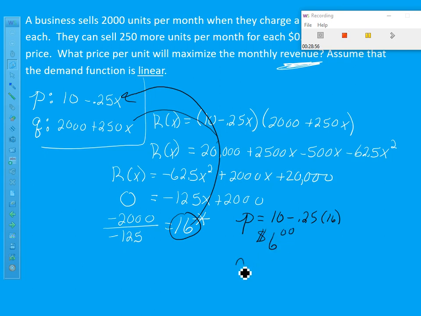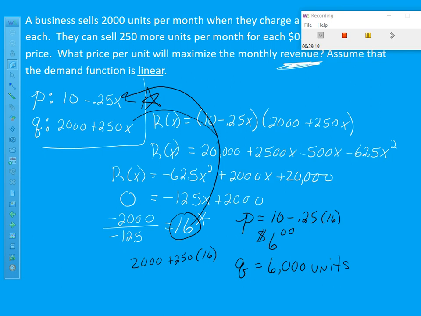My quantity is going to be 2,000 plus 250 times 16. So my quantity in this case would be 6,000 units. Okay. So the key thing there: get your price, get your quantity.